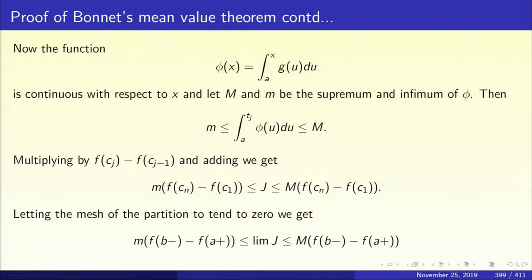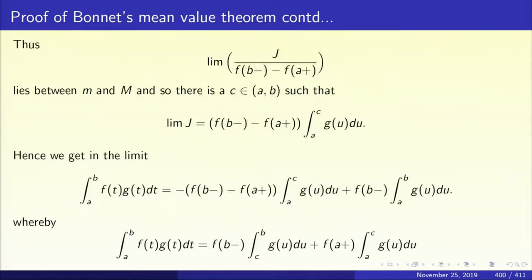Now, let us divide by f(b−) − f(a+), and we see that the limit of J divided by (f(b−) − f(a+)) lies between little m and capital M. So, by continuity of φ, there is a c between a and b, by the intermediate value theorem, such that the limit of J equals (f(b−) − f(a+)) times the integral from a to c of g(u) du.